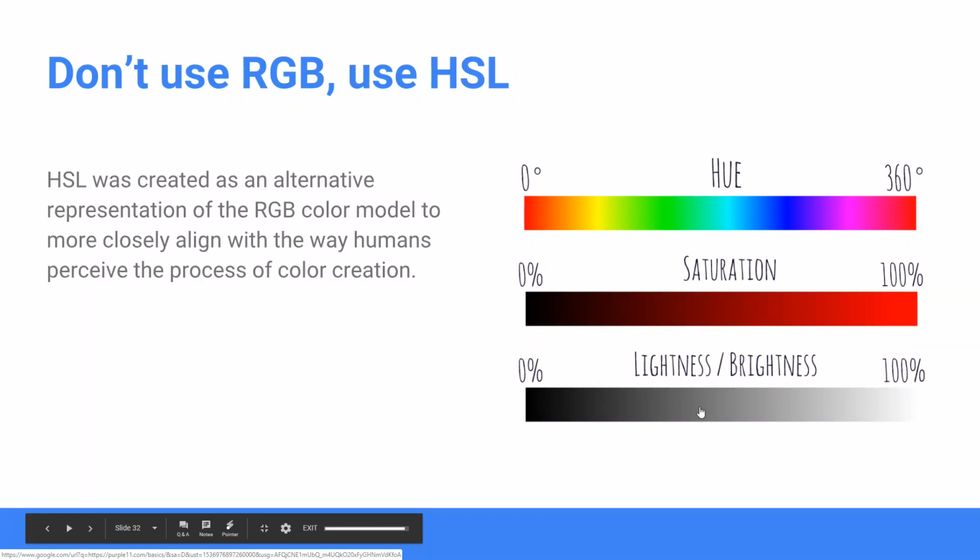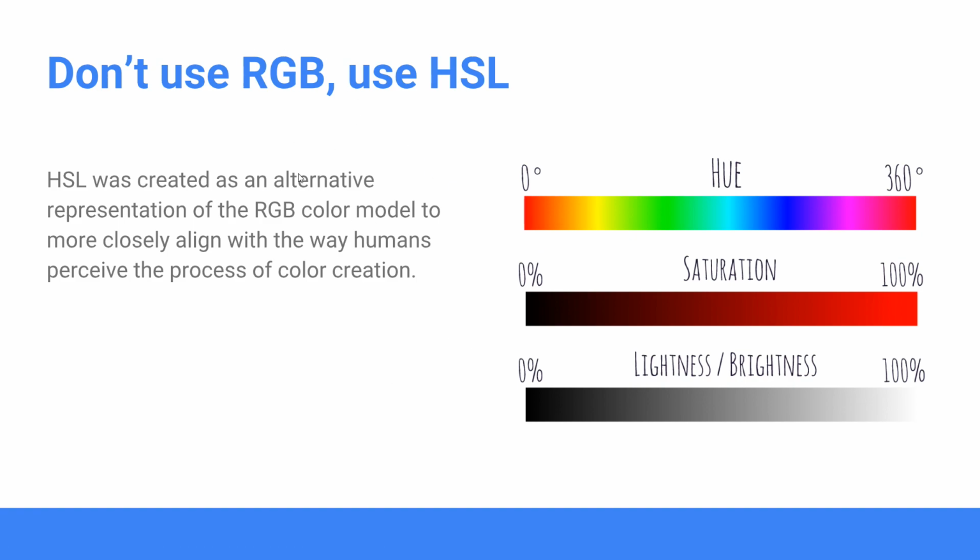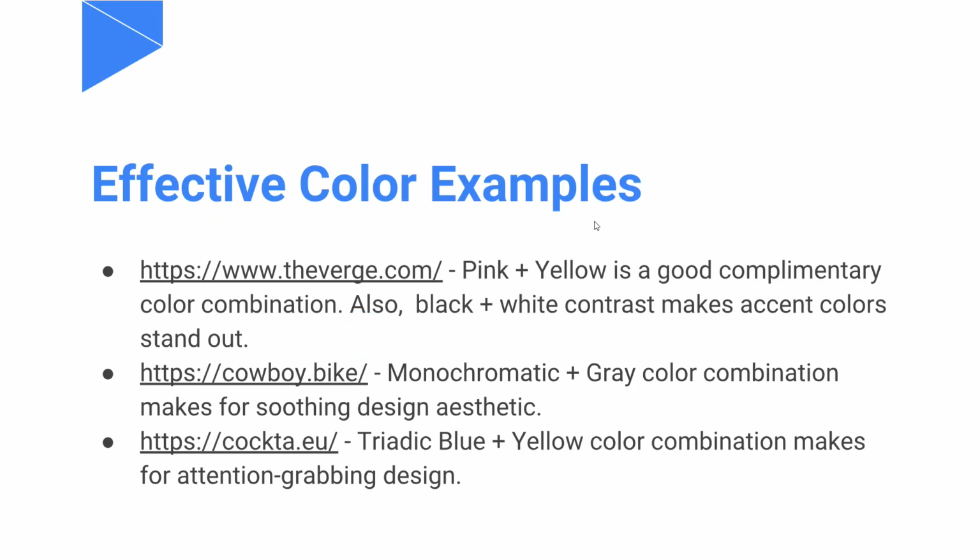There we go. So if you wanted just a poppy red, then that would be brightness 50%. But then if you wanted to change this maybe to orange, you would just need to move the hue and it would change color. So it makes this so much easier to update. So yeah, never use RGB. Try to use HSL. It's much easier for developers. And that's about it. So that's color theory.